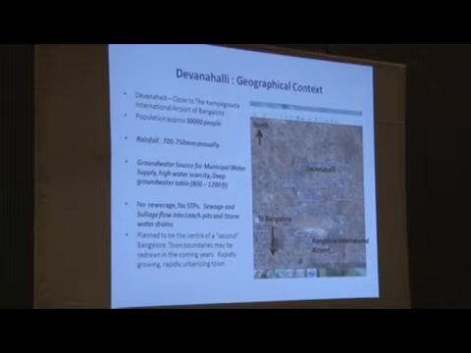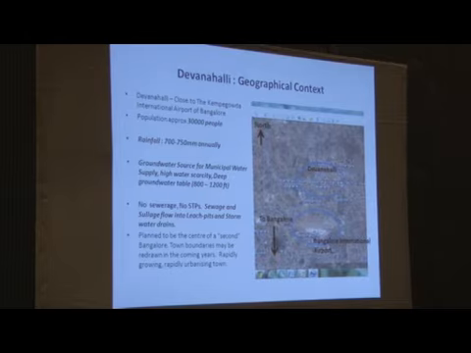Devanagari is a town in Karnataka in India. The groundwater table is 800 to 1,200 feet deep in the Devanagari SSP trial area.